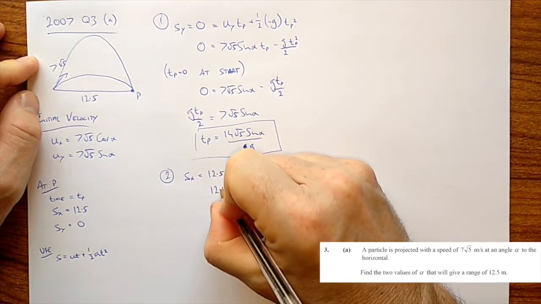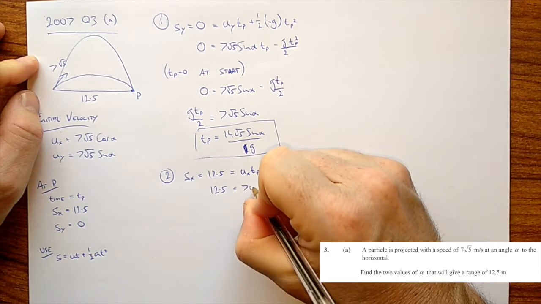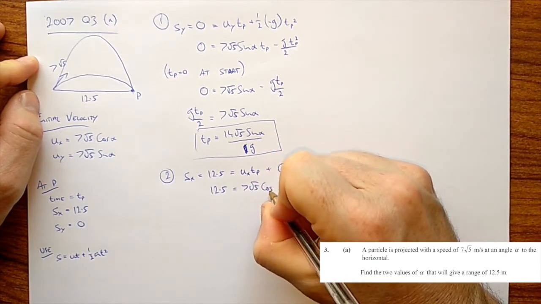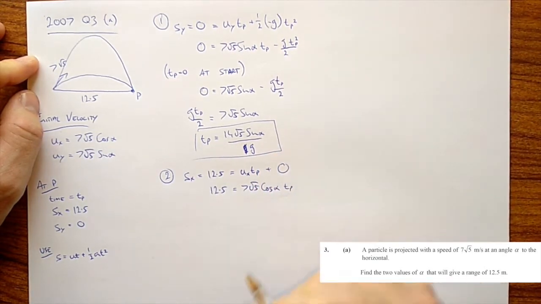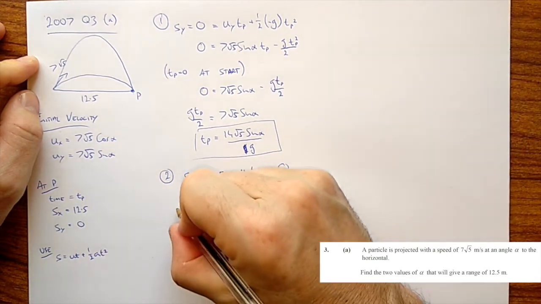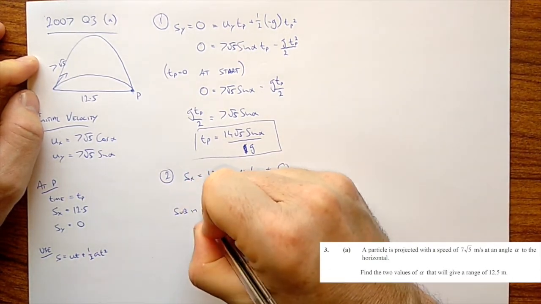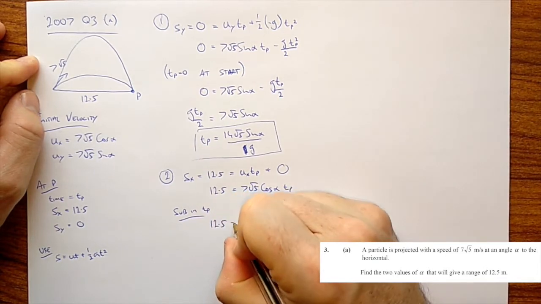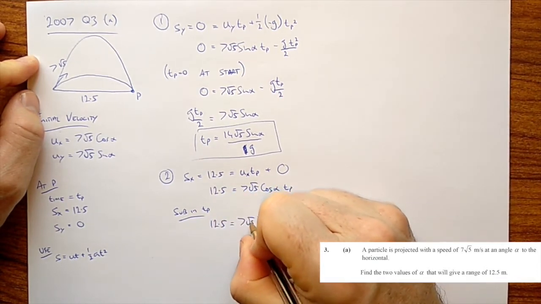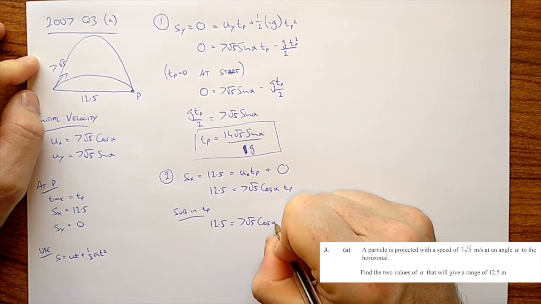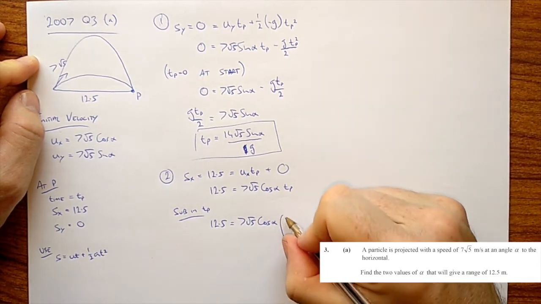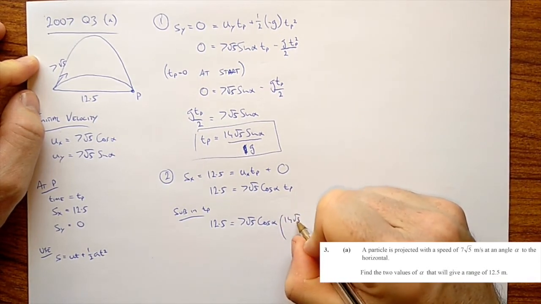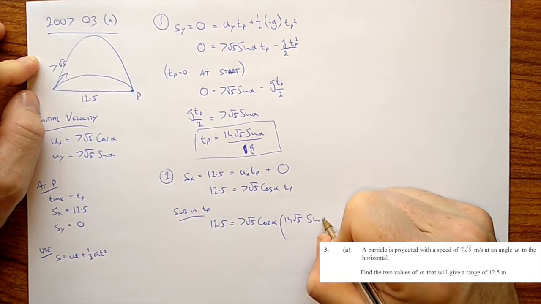So we have 12.5 equals 7 root 5 cos alpha by Tp. So now let's sub in Tp: 12.5 equals 7 root 5 cos alpha times 14 root 5 sine alpha all over g.